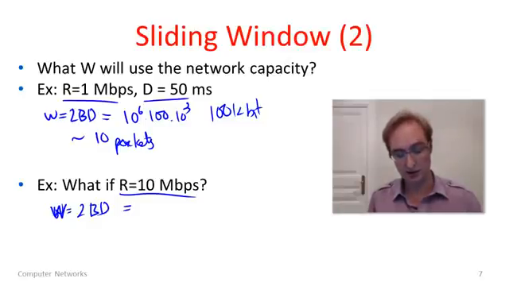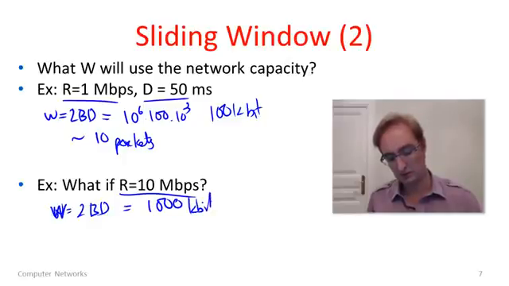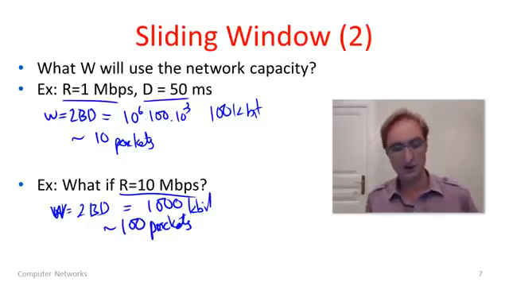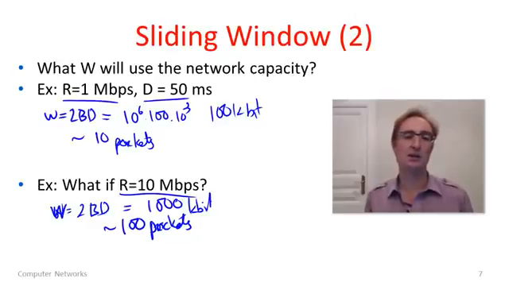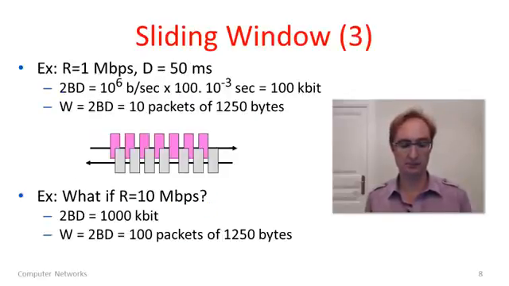So it's going to be 1000 kilobit, or approximately 100 packets. So you can see that I would need a reasonably sized sliding window to fully utilize this link, and the sliding window would just have to get bigger for faster and longer links. Okay, so here's all of this tidied up, and hopefully I got all of the math right.